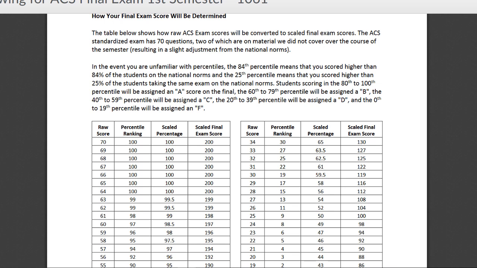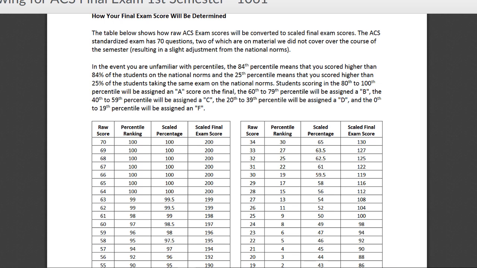So what we've done here is we've looked at the history of this exam, and the history of the exam says that if you want to score in the 100th percentile, which is basically better than everybody else that takes the exam, you need to score a minimum of 64 out of 70 on this exam. So that means you can still miss 6 questions, and you're still going to be better than anybody else that takes this exam at the national level.